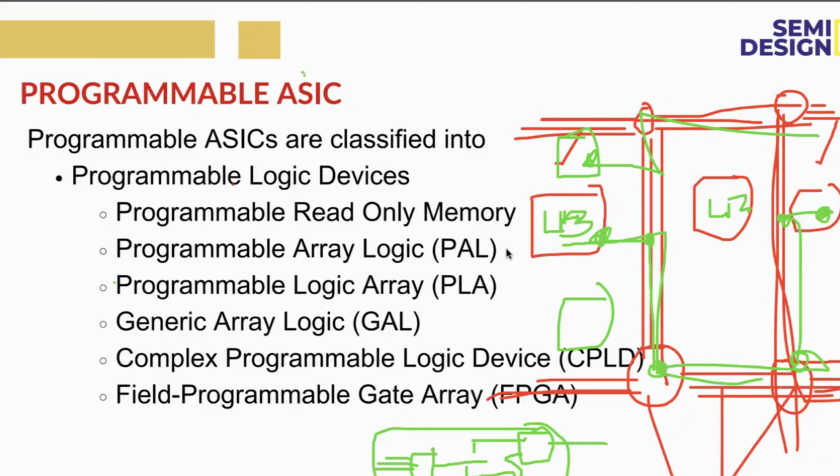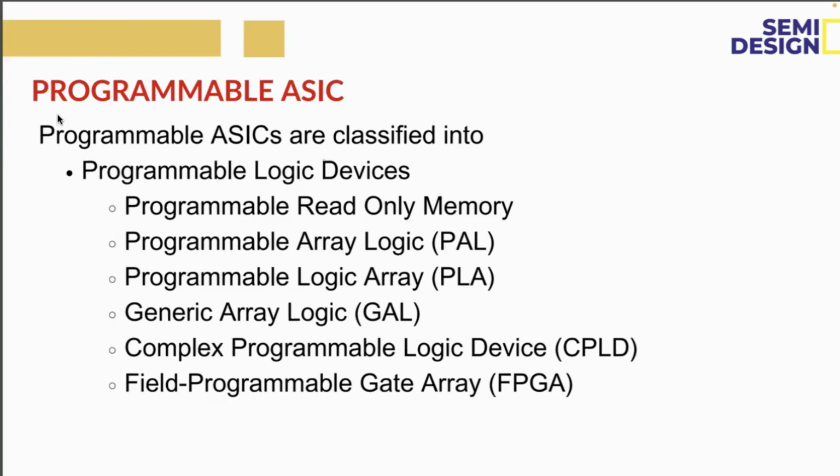So that is the FPGA implementation part. Mainly, compared to whatever we have discussed, the logic devices like PAL, PLA, GAL, CPLD, compared to all these devices, FPGA has many advantages, like high density.